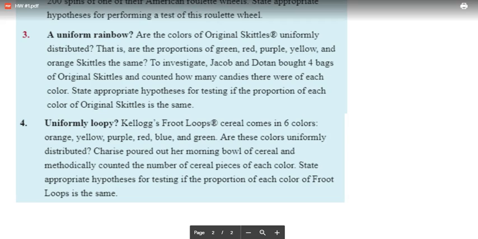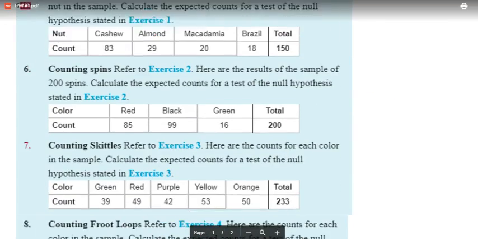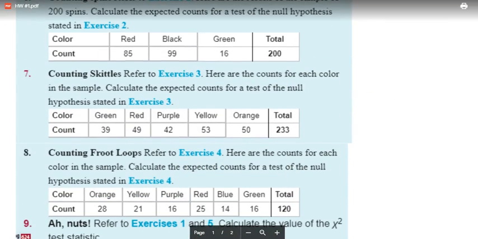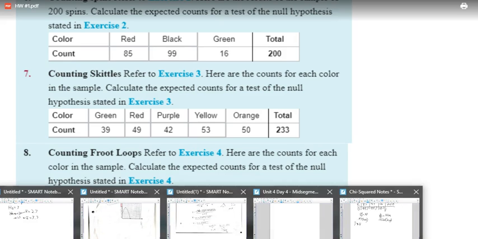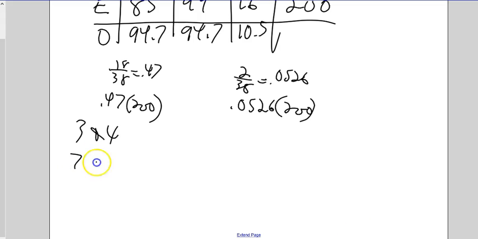In this one there are green, red, purple, yellow, and orange Skittles. So 1, 2, 3, 4, 5 colors. And how many total? 233 total. So, a little hint for number 7: remember 3 refers to 7, and 4 refers to 8.